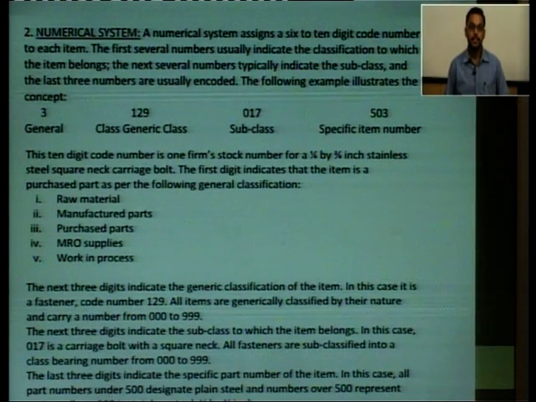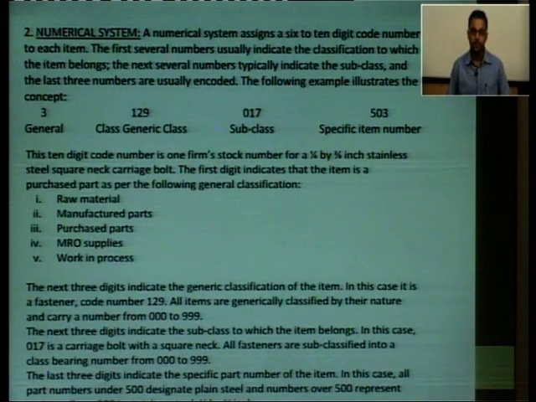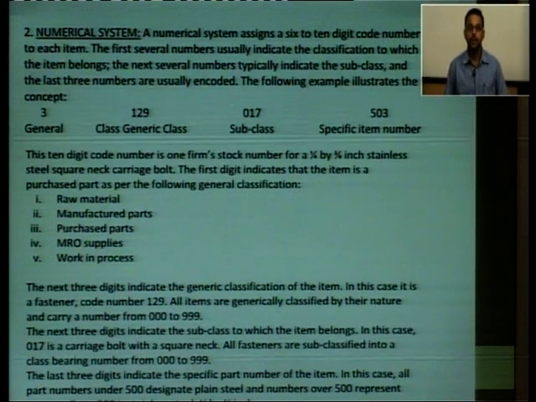The next 3 digits indicate the subclass to which the item belongs. In this case, 017 is a carriage bolt, which has a square neck. All fasteners are subclassified into classes numbered 000 to 999. In this further subclass, we are able to identify 999 different classes.